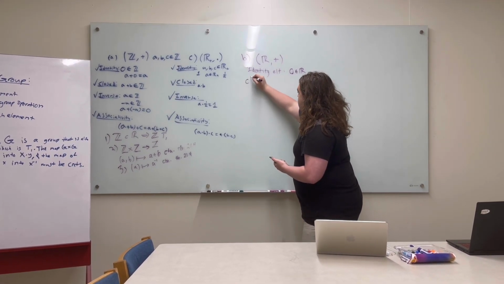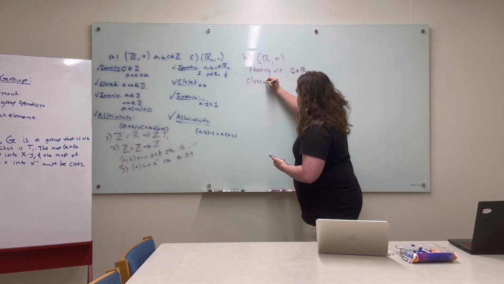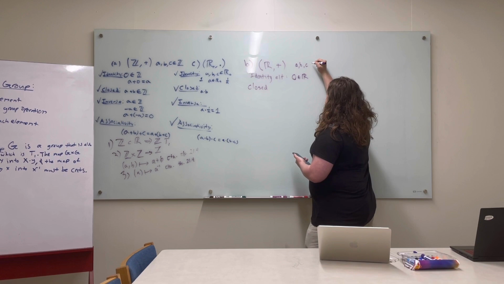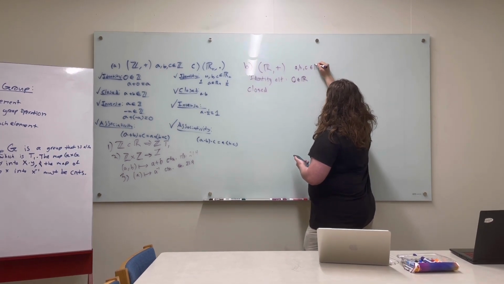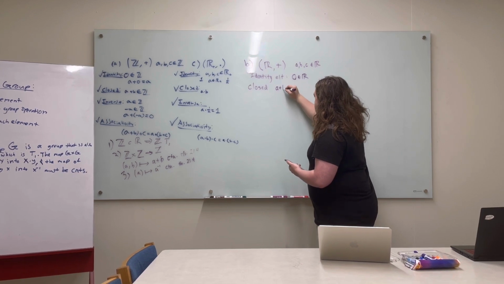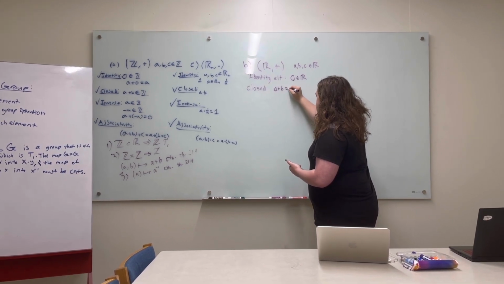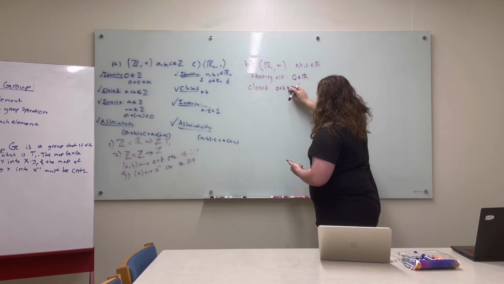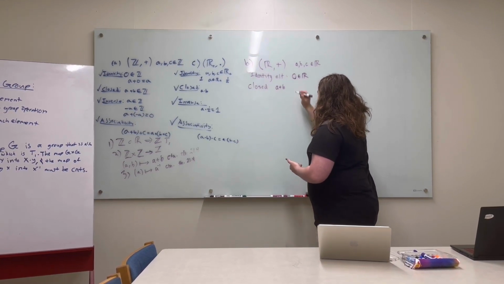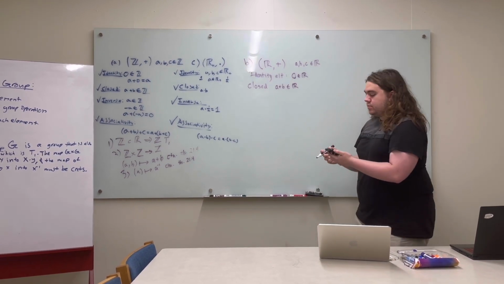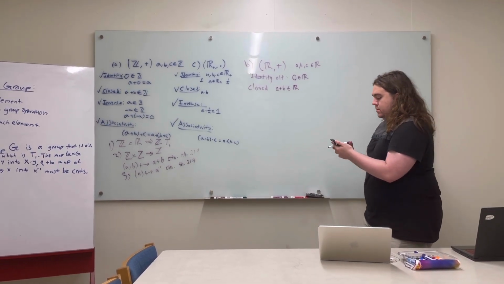So next we have closed. If we let A, B, and C be just real numbers, then we have that A plus B is still a real number because the real numbers are closed under addition.